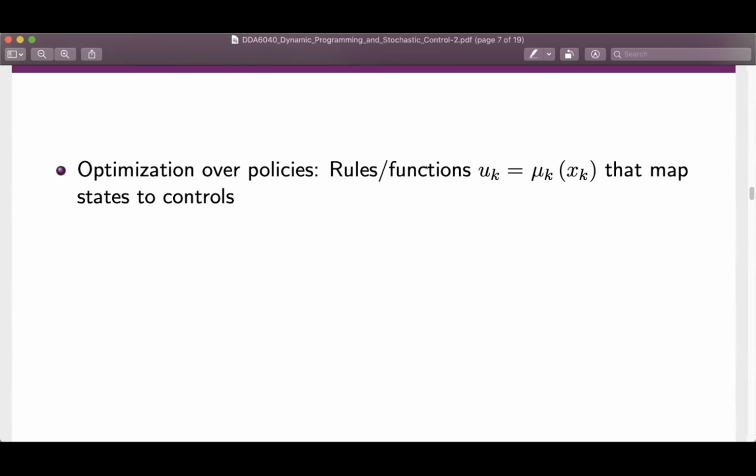Here I have remarked that we are not interested in finding the optimal numerical value of the policy, but rather we want to find an optimal rule for selecting an action at each time period for each possible state xk.